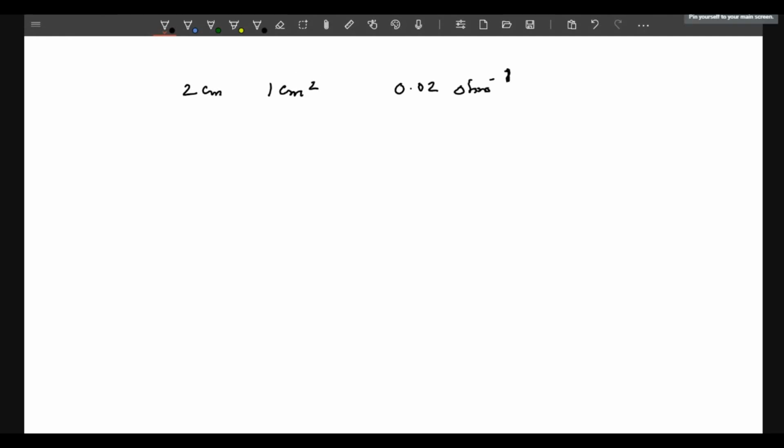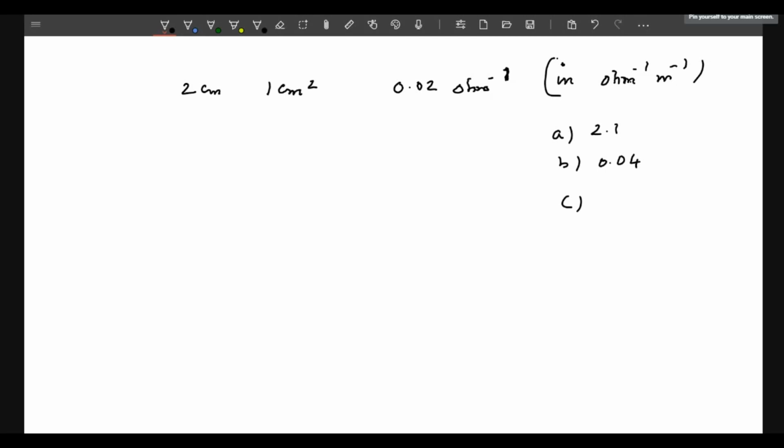Its specific conductance, in per ohm per meter, is: option A 2.1, B 0.04, C 4.4, D 0.02, which is the correct answer?